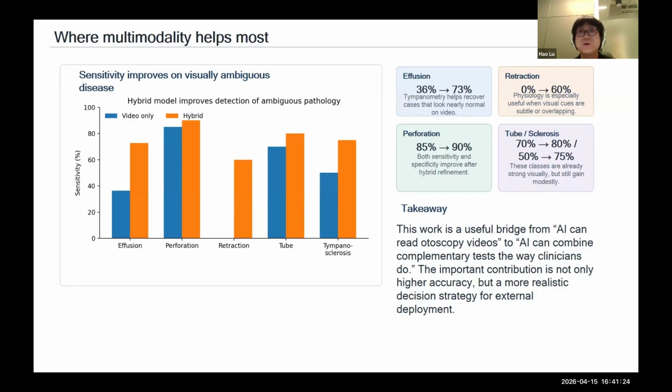The most common disease for the child is AOM effusion, and the most common disease for the adult is tube perforation and retraction. It is interesting that infection seems to always come from the younger age.